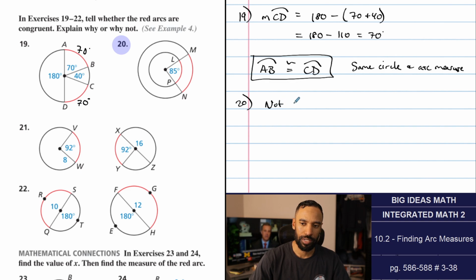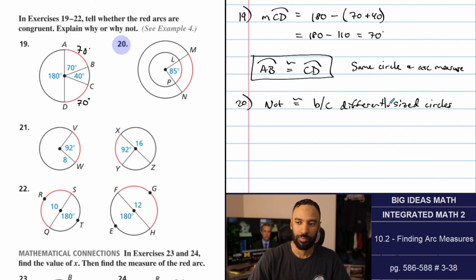So not congruent because different size circles. Differently sized circles with same angle measure, with same arc measure.